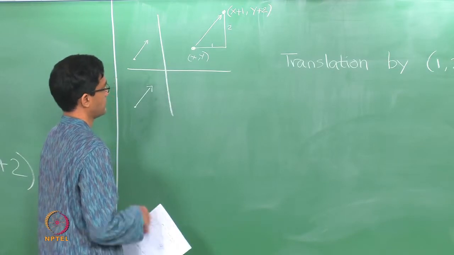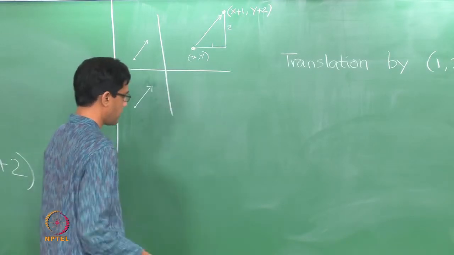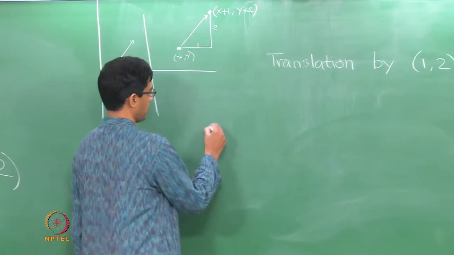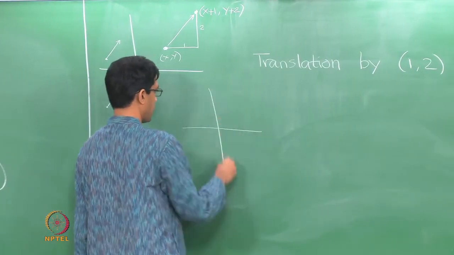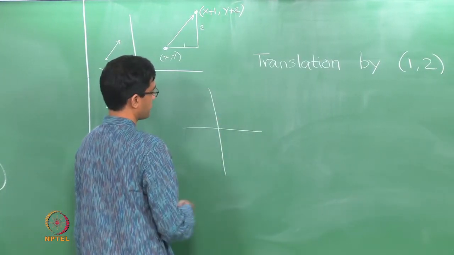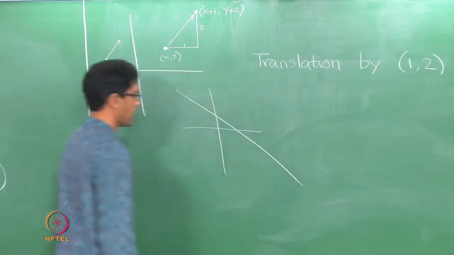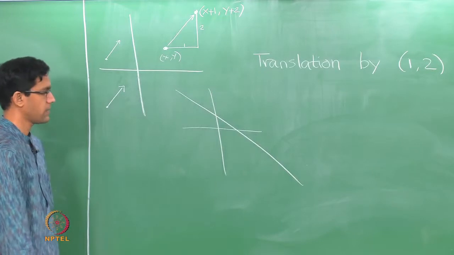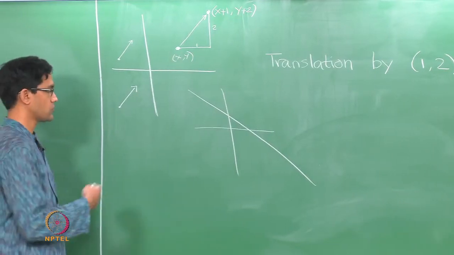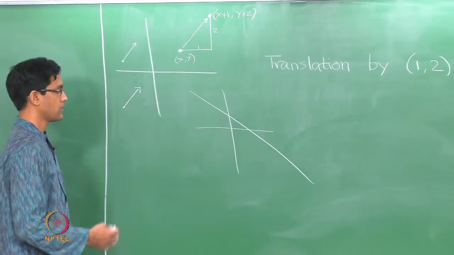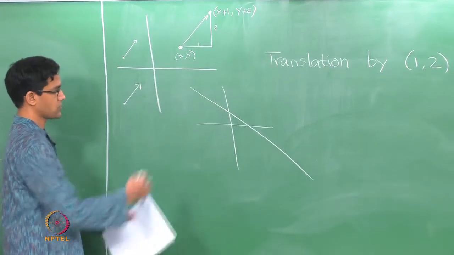So, now this is actually a very simple sort of map. What it does to everything has pretty much the same description. What does this map do to a line, for instance? So, suppose I have a line on the plane, asking what it does to the line is like asking what it does to all the points of this line.